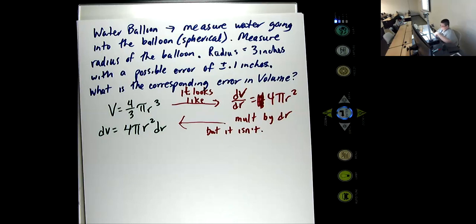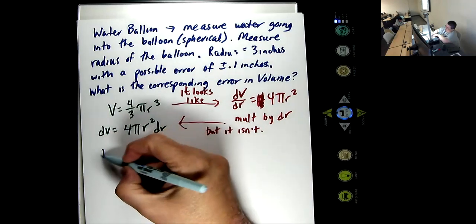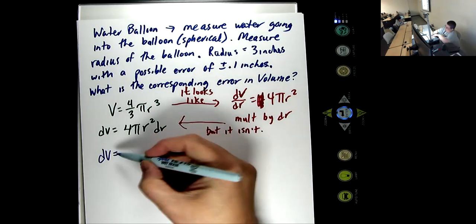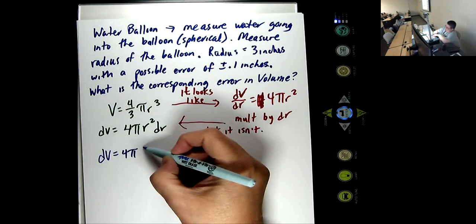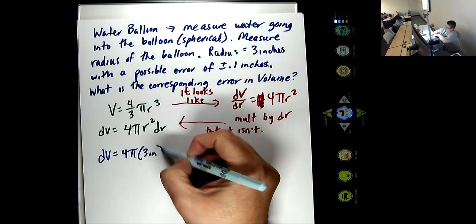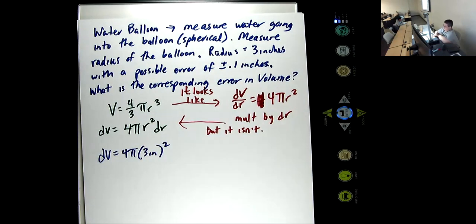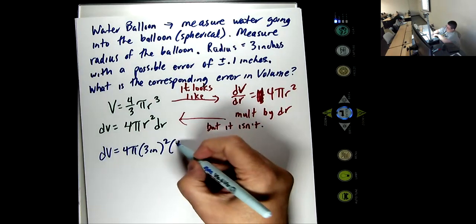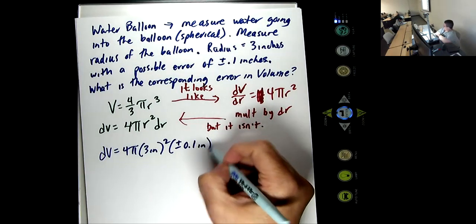So dV is what we're looking for. 4 pi, the radius was 3 inches, and dr was plus or minus 0.1 inches.